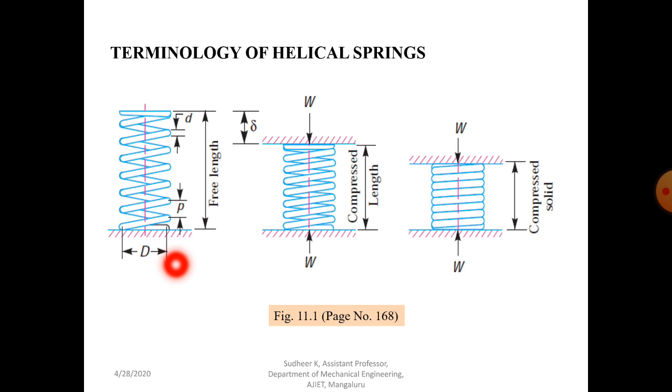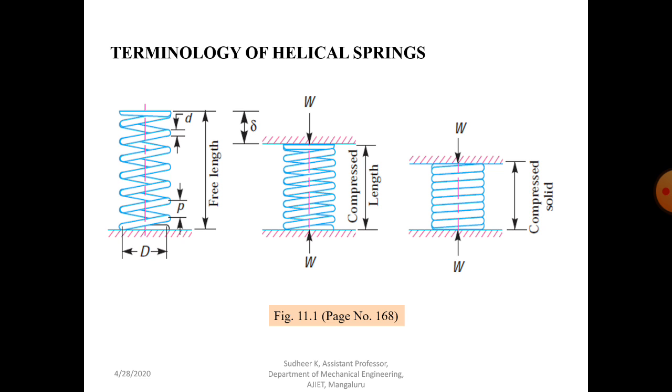That is nothing but the mean diameter of the coil, and d is the diameter of the wire. Because the cross section of the wire is circular, small letter d is the diameter of that wire. That wire is wound in a helical manner, with a certain helix angle.